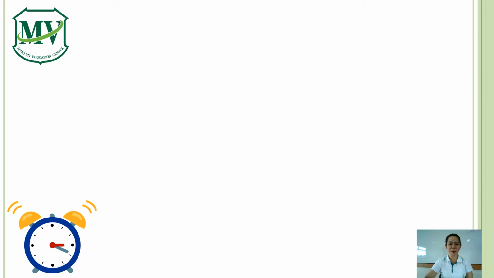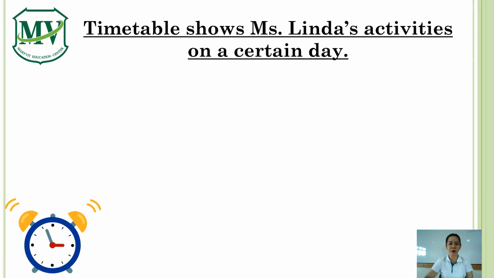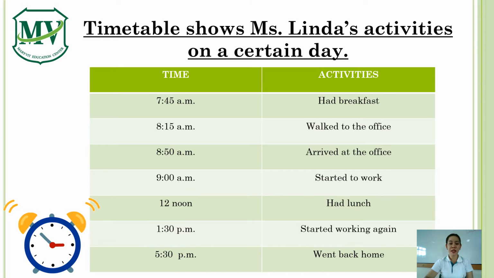Here's the second example on how we write time schedule. In this example, you will see the timetable of Linda's activity on a certain day. Again, there are time and activities column. Let's begin.